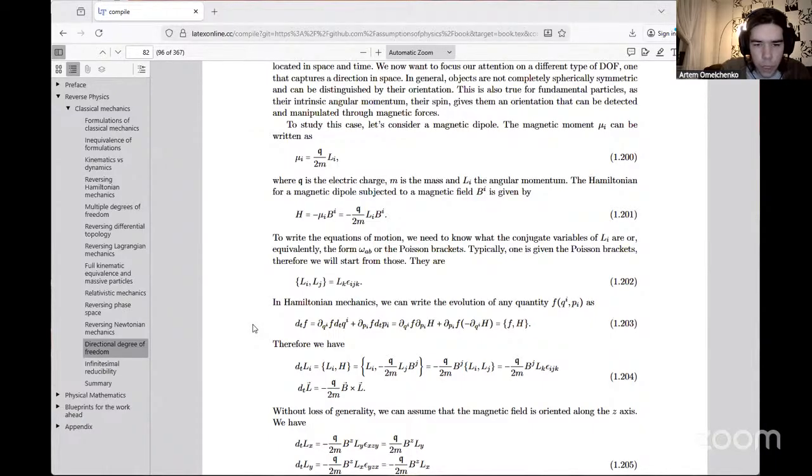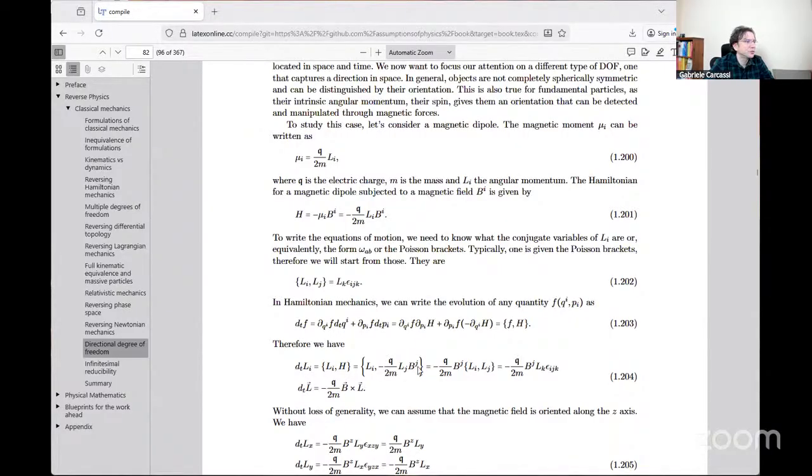Then we rewrite the derivatives of position and momentum using Hamilton's equations, and we see that it's just the Poisson bracket with the Hamiltonian. Now we write that for the angular momentum. You have the component of the angular momentum with the Poisson bracket with respect to the Hamiltonian.